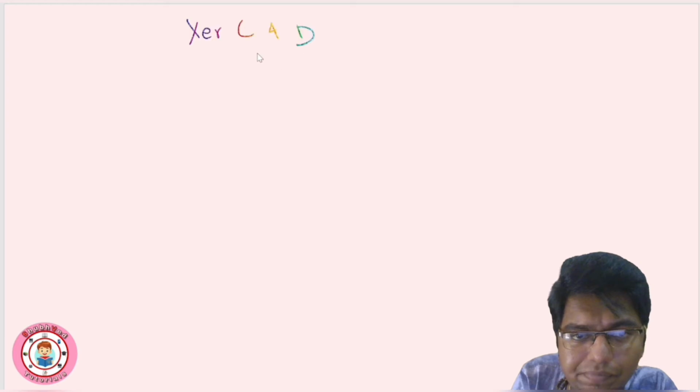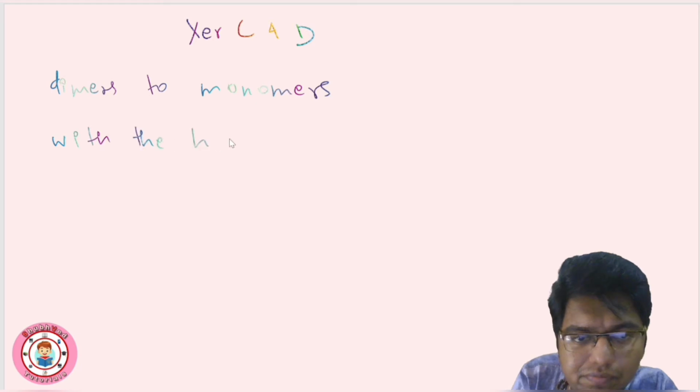Let's summarize XerC and XerD. They convert dimers to monomers with the help of FtsK.